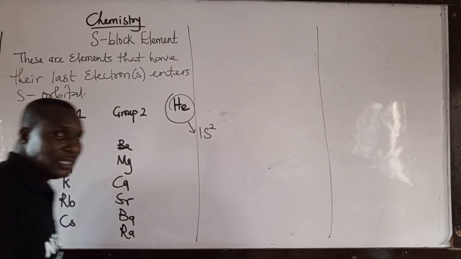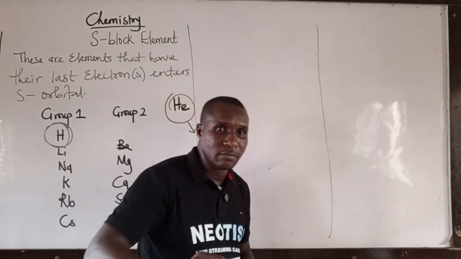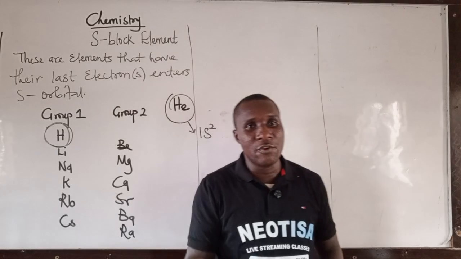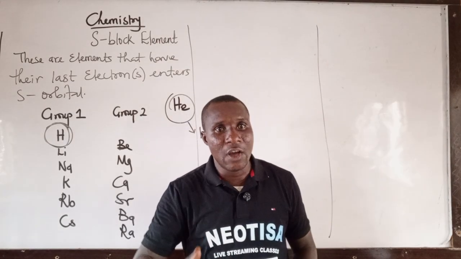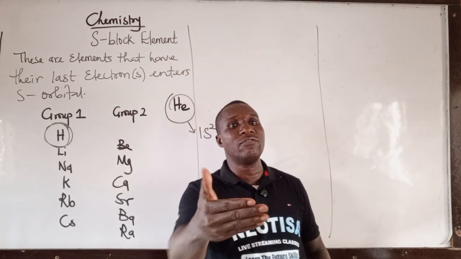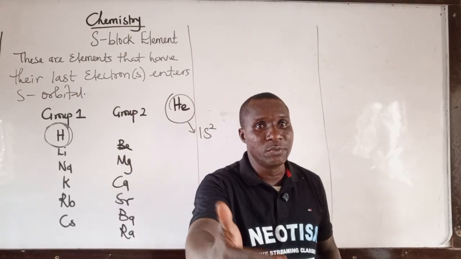Hydrogen is a gas which can behave like a group 1 element, and can also behave like group 17, that means group 7A.